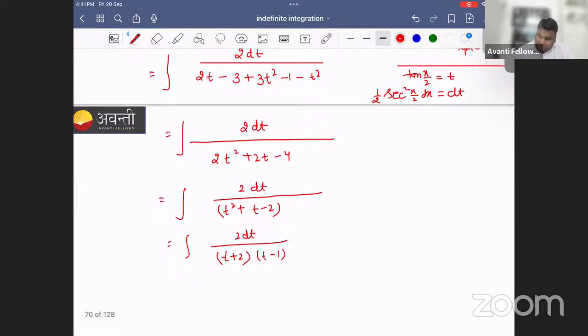So in the numerator I write t plus 2 minus t minus 1, dt upon t plus 2 into t minus 1.